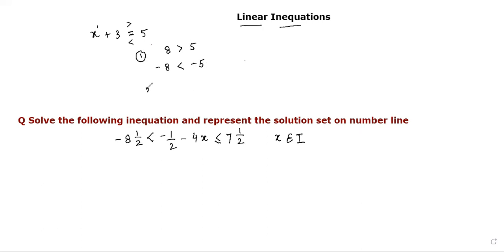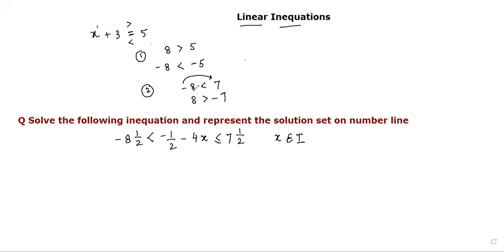Now, what is rule number 2? The rule number 2 says that if minus 8 is less than 7, you can understand that minus 8 is less than 7. Very simple. 7 is a bigger number, minus 8 is a very small number. If I throw the negative sign to the other side, then actually 8 will become greater than minus 7.